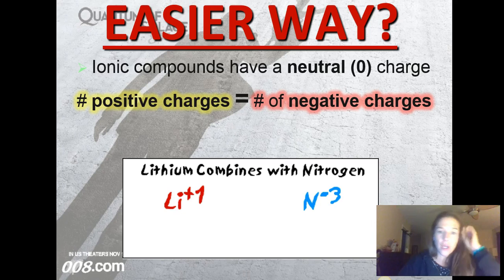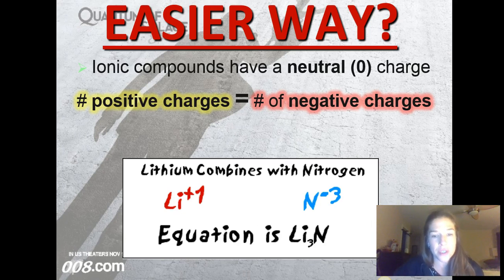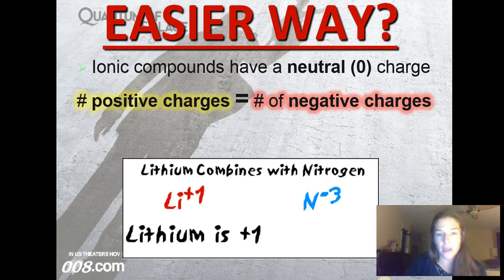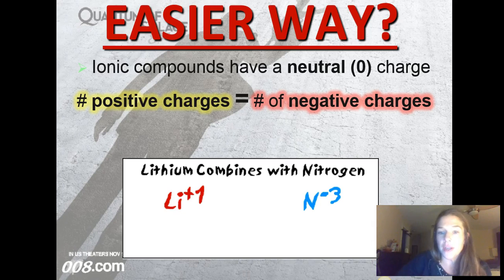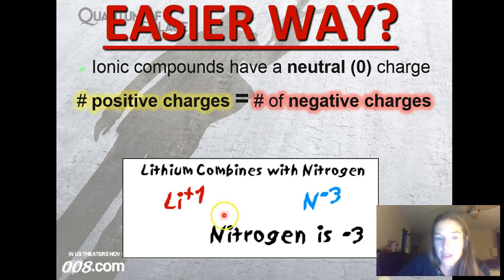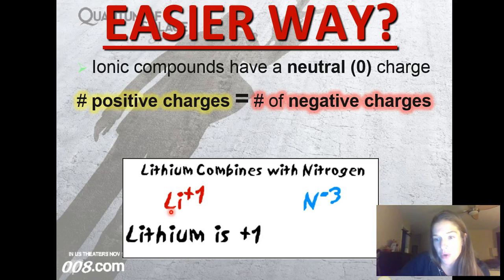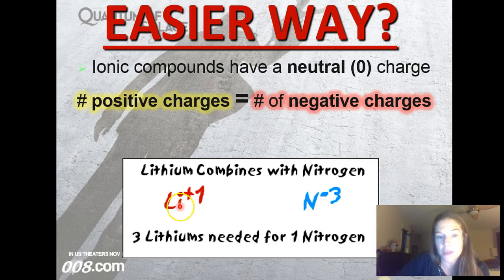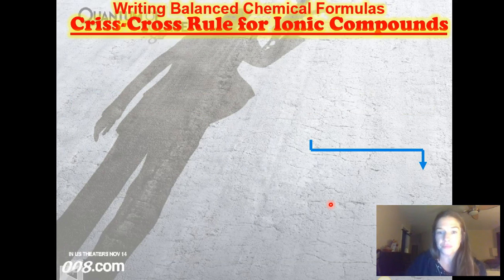All right, so lithium combines with nitrogen. Lithium is +1, nitrogen is -3. Okay? So nitrogen, because it's -3, is going to need 3 positive charges in order to make this a neutral atom, which means it's going to need 3 lithiums to balance this out.